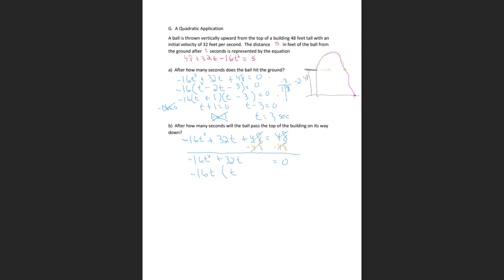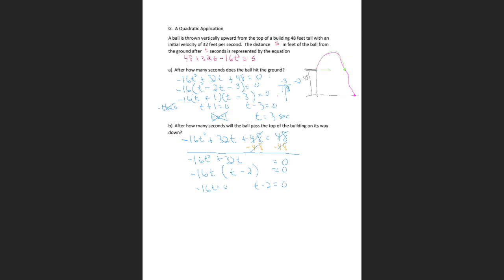That leaves me a t and a minus 2. Yeah, that looks right. Now we just set each factor equal to 0. So negative 16t, set that equal to 0, and t minus 2 equal to 0.